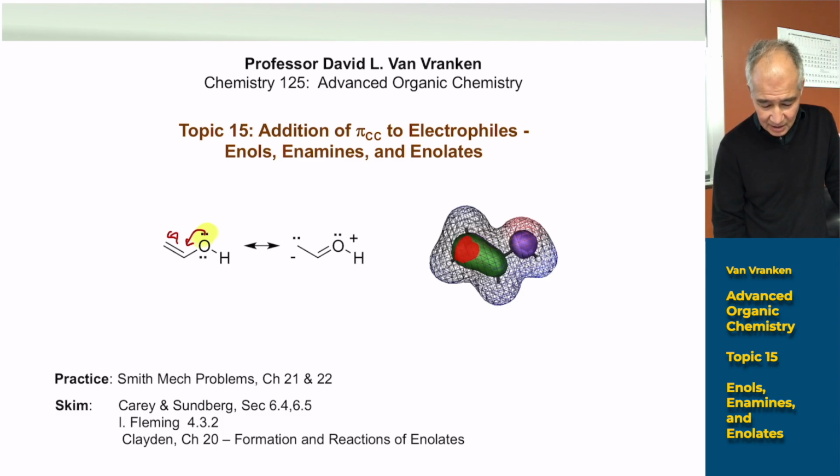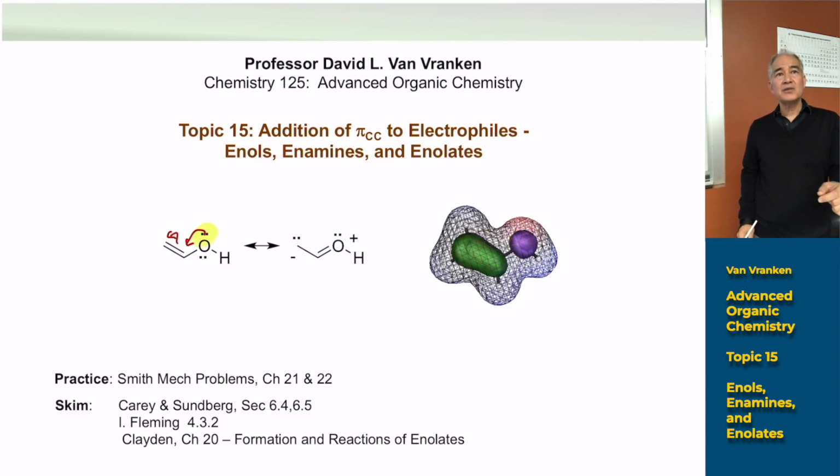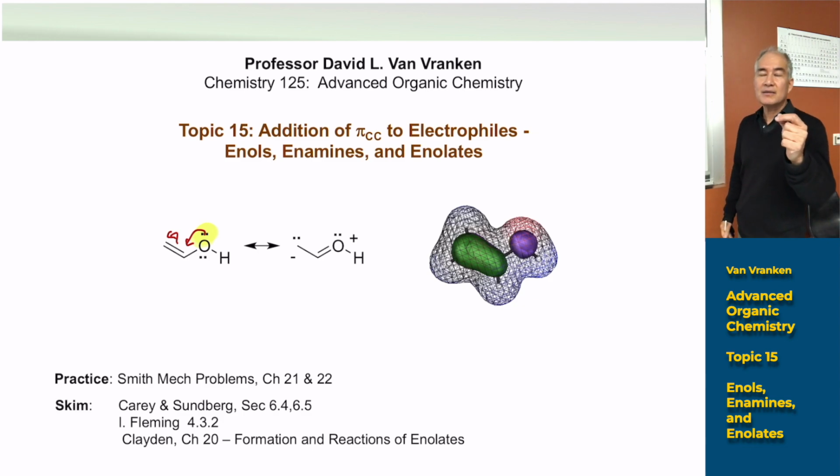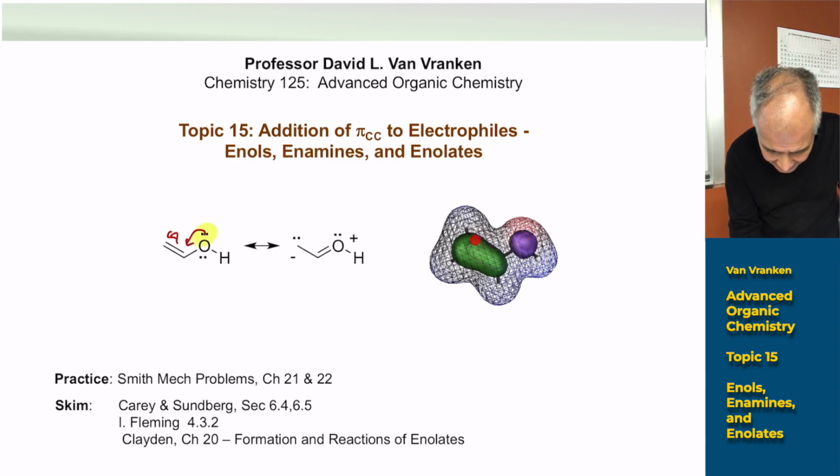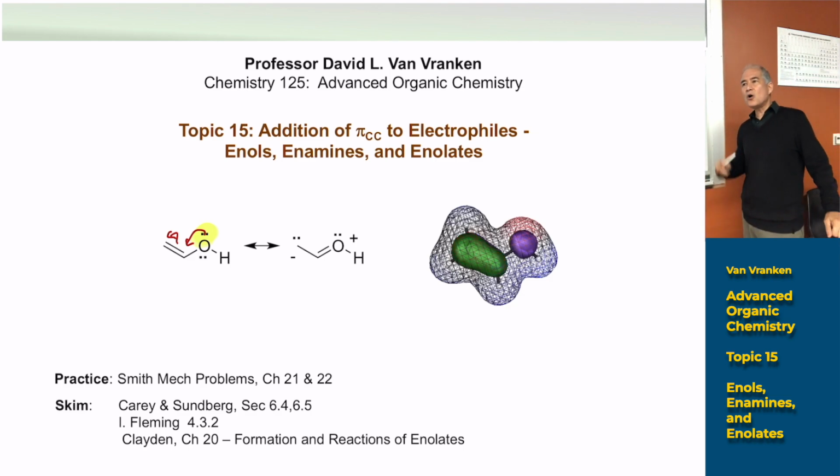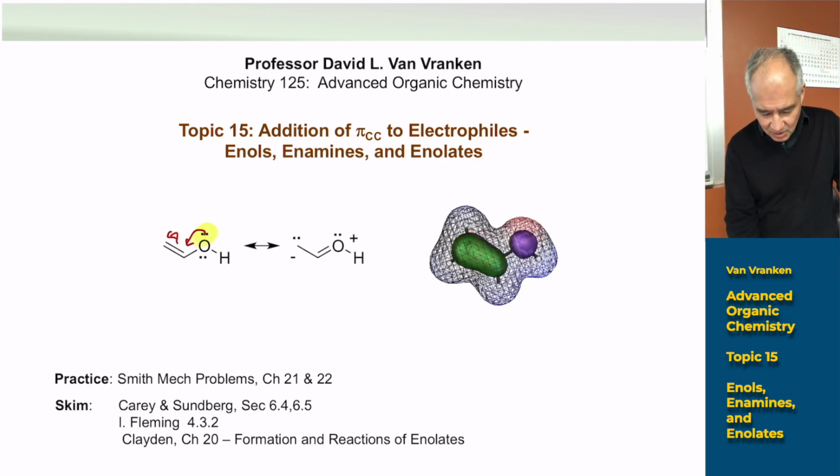Not on oxygen, not on this carbon, but it's biggest over here. And that doesn't look like a big difference in the shape of the HOMO, but the relative size difference here versus here makes all the difference in the world. There's no question about where you're going to be forming the bond because the HOMO is bigger here.